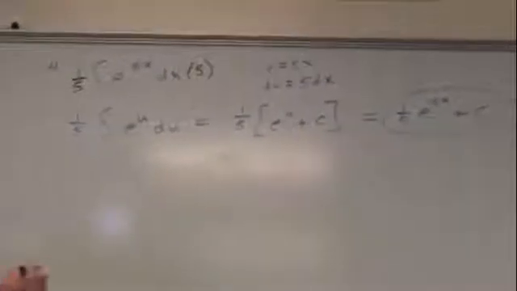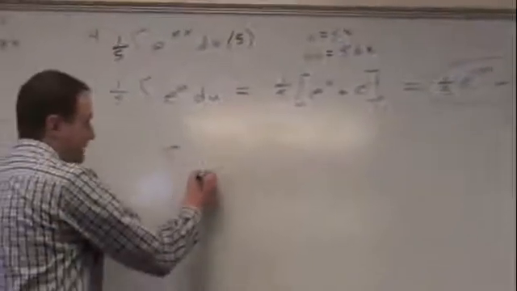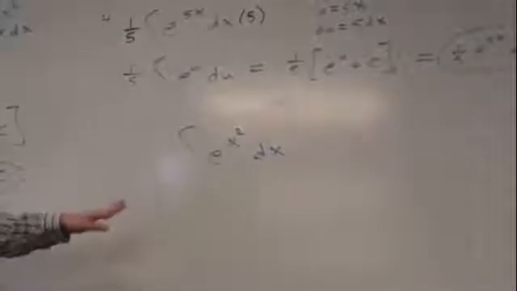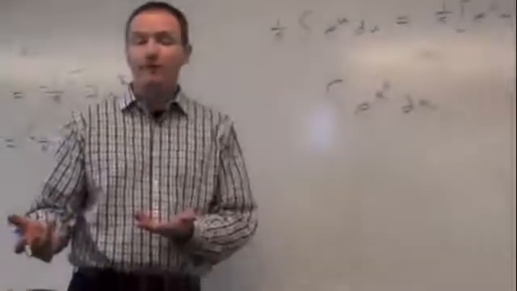Hypothetically, guys, would we be able to attack this problem right now? Could I use substitution on it? I need you to see when substitution will work and when substitution will not work. This is a clear case where it's not going to work. Why? Well, let u equal x squared.